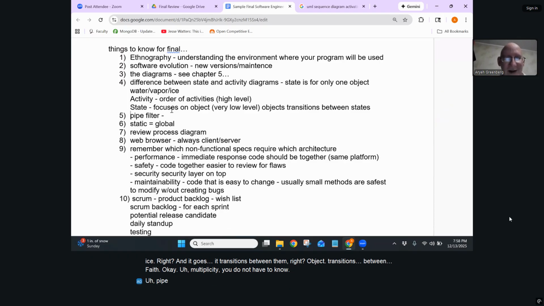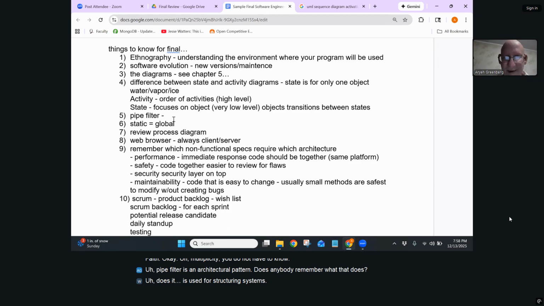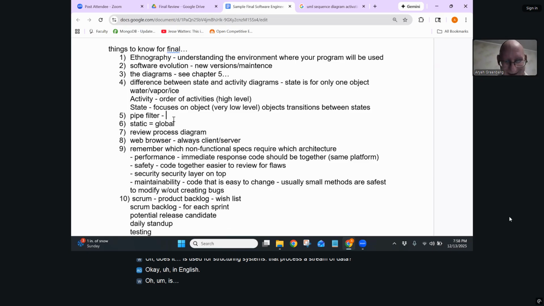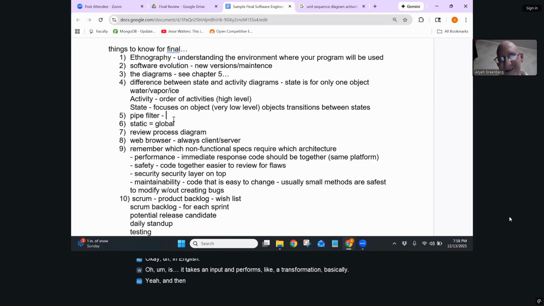Pipe filter is an architectural pattern. Does anybody remember what that does? It is used for structuring systems that process a stream of data. In English, it takes an input and performs a transformation, basically. And then the output goes to another program, right?